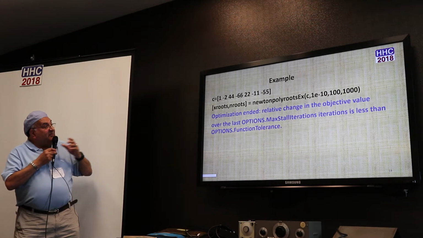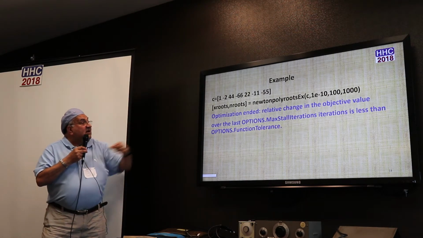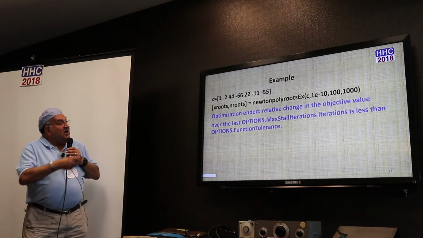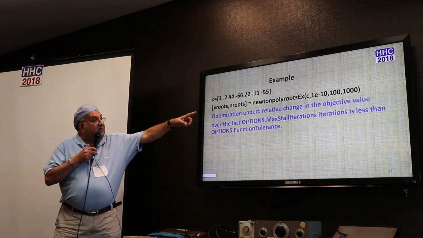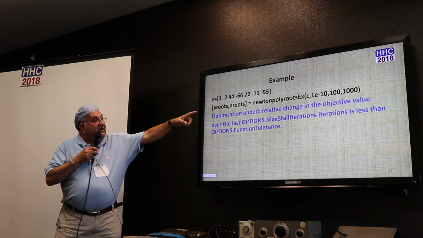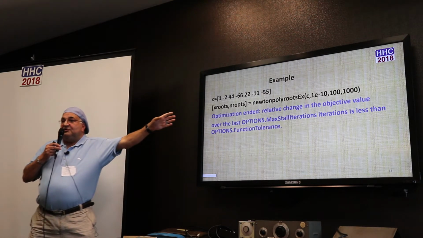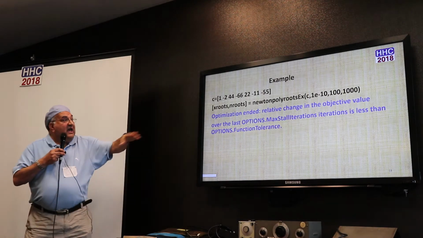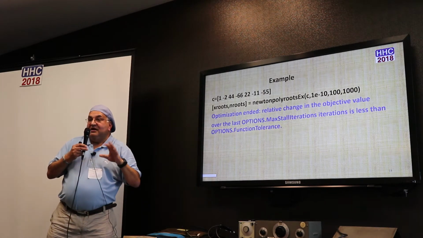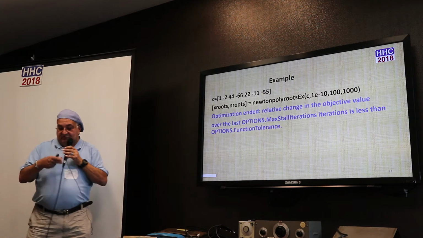It's the same problem here, using the sixth order polynomial with Newton polyroots, and I have my tolerance at 10 to the minus 10. I give Newton 100 iterations. After that, if you don't find anything, get out, you're done. And then 1,000 for the maximum iterations for the particle swarm.